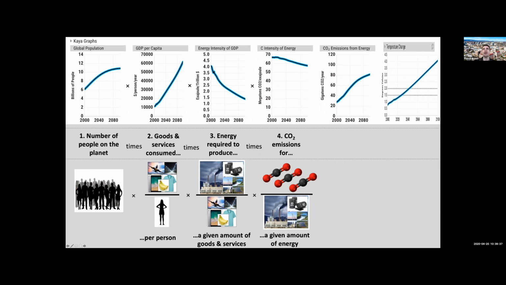And so we see that is also expected to come down, but not very fast, right? So it's kind of slightly coming down. So we have 2 that are going in the right direction for reducing CO2 emissions and 2 that are going in the wrong direction. But we don't want to really mess with these, right? Like we don't want to put population controls on the population globally, and we don't want to inhibit economic growth, especially in the developing world.